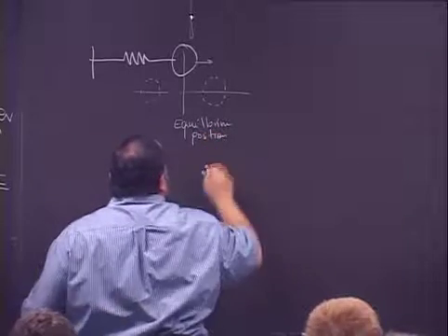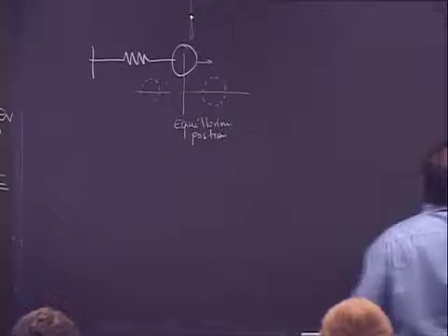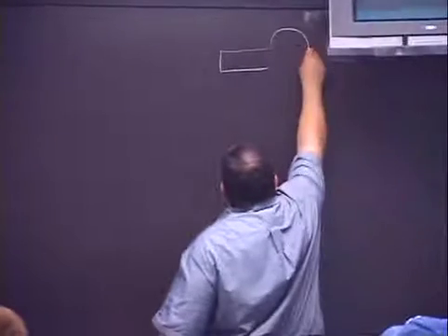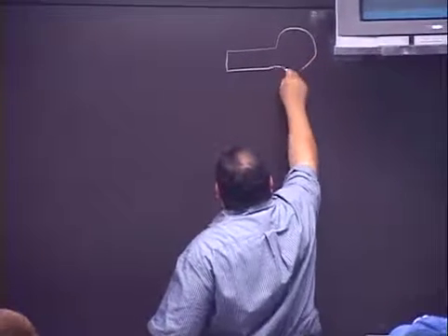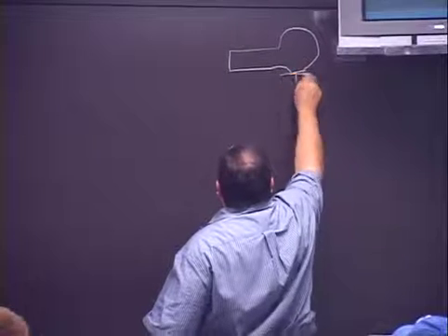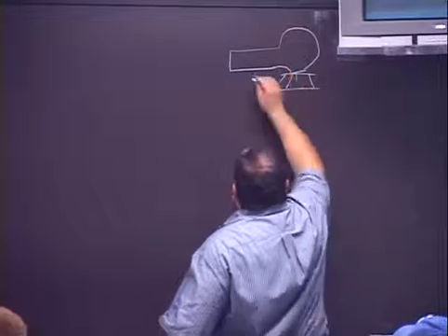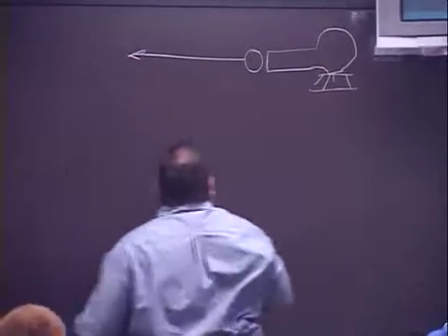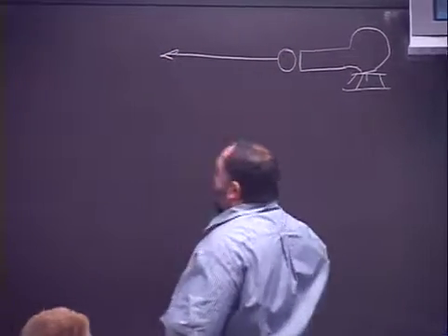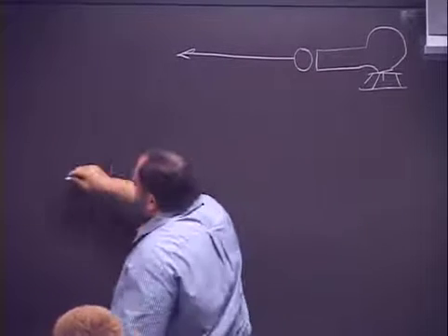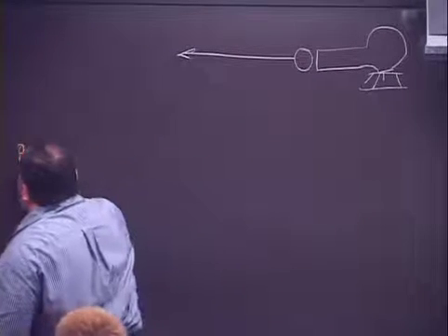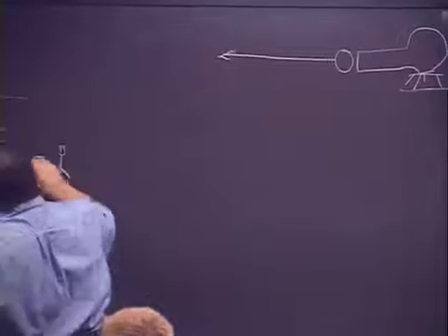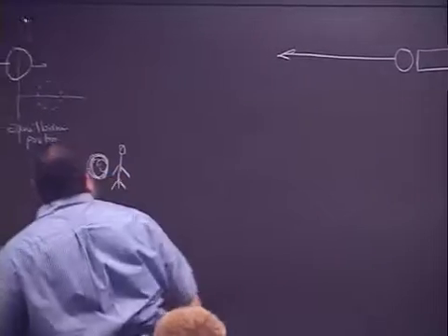And then there are two cases. Assume there is a cannon gun sitting there and shooting another ball with very high speed. And then assume that somebody is sitting here, and he throws a similar ball in this direction.